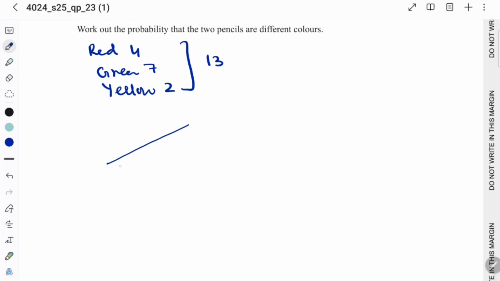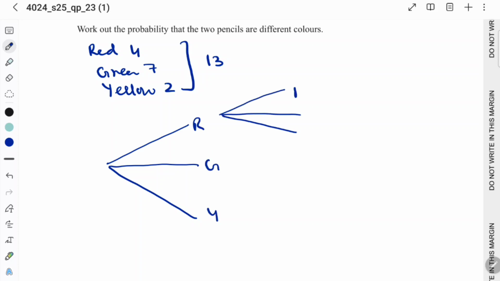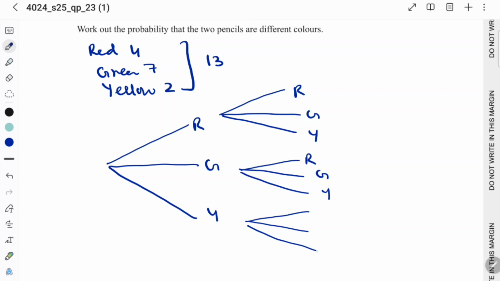Okay, so the first pencil is red, green, or yellow, and then the second pencil is red, green, or yellow, and it is without replacement. So that is 4 over 13, 7 over 13, 2 over 13.